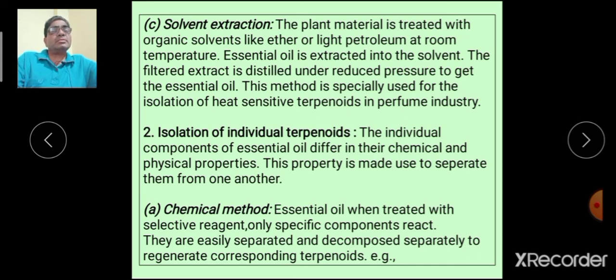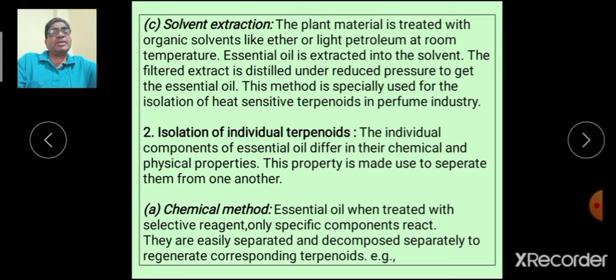Now, as essential oils are obtained, the isolation of individual terpenoids is done. The individual components of essential oil differ in their chemical and physical properties, and this property is made use of to separate them from each other.